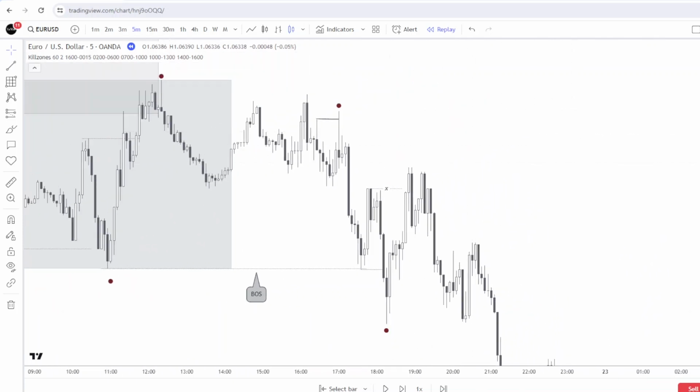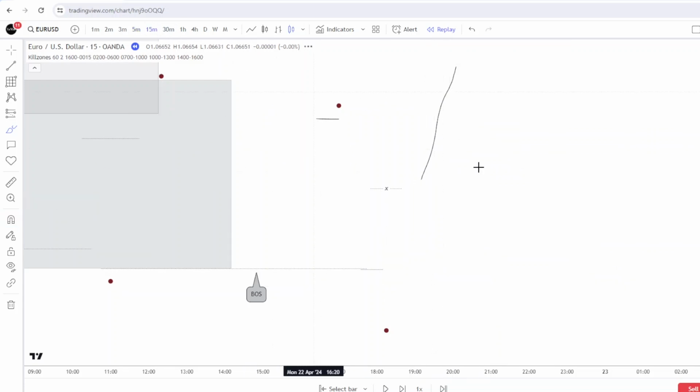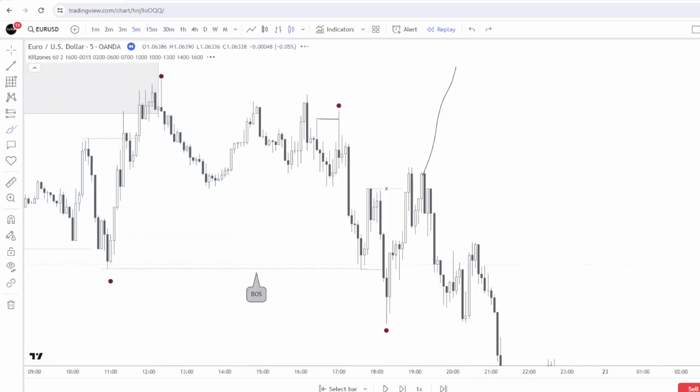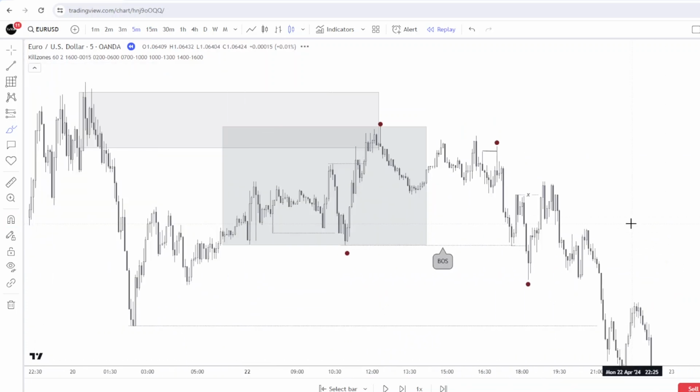As you can see, this is the range from here to here. For price to invalidate that range, it's supposed to break this high. If it breaks that high, it means that on the M15 it would have created another QM. That would be a valid QM for me.